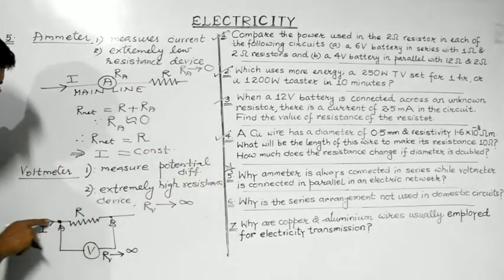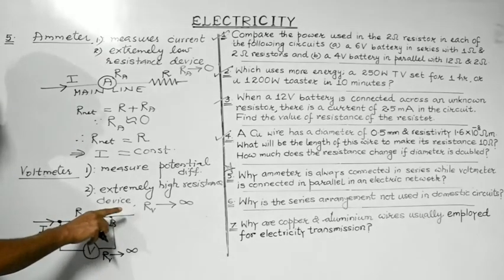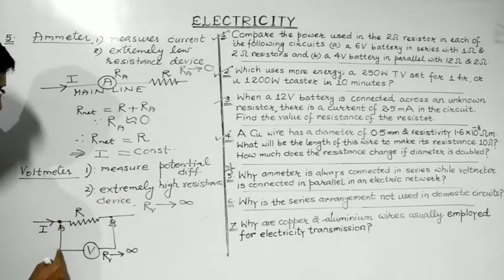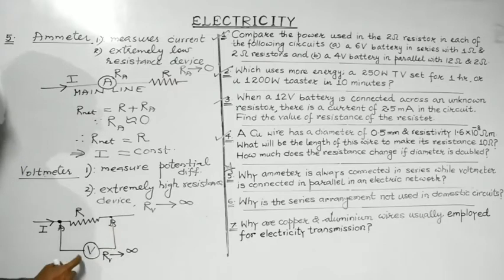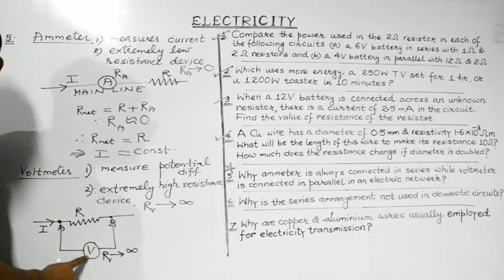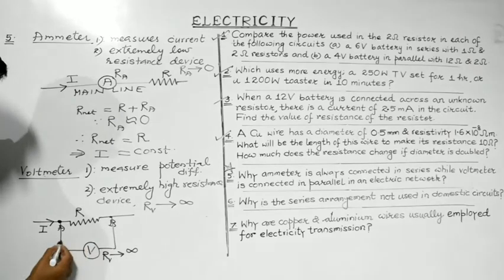So even if the current flowing is 100 ampere through here, almost 100 ampere current will flow through this branch only, and negligible current will be drawn by the voltmeter because of its extremely high resistance. I repeat, students, voltmeter being a very, very high resistance device, when connected in parallel, it will draw negligible current.